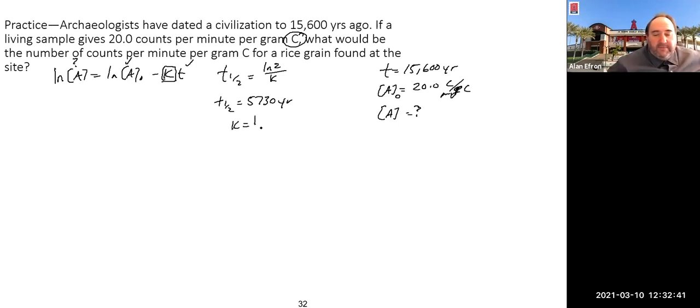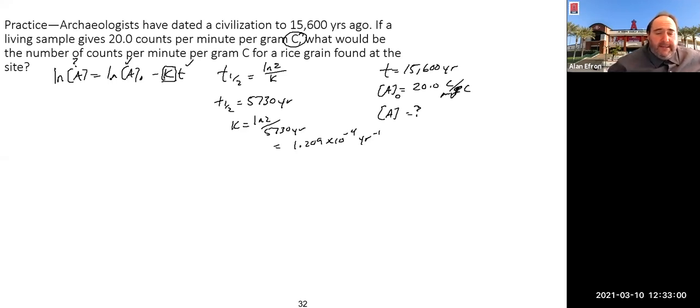It'll be the natural log of 2 divided by 5730. And that gets us something like 1.209 times 10 to the minus 4 reciprocal years as our answer for our decay constant.